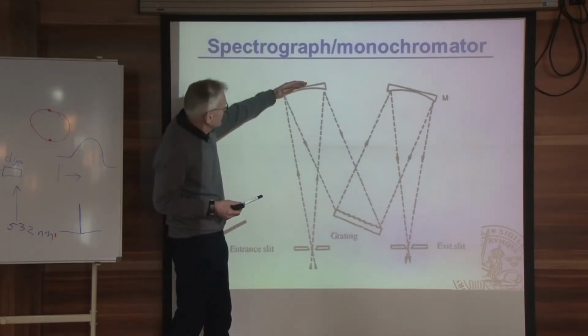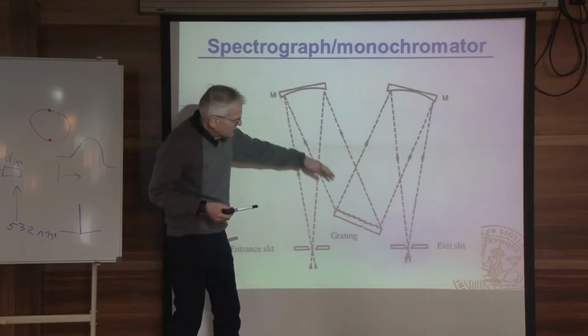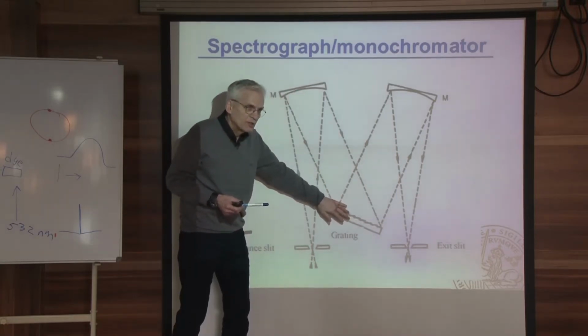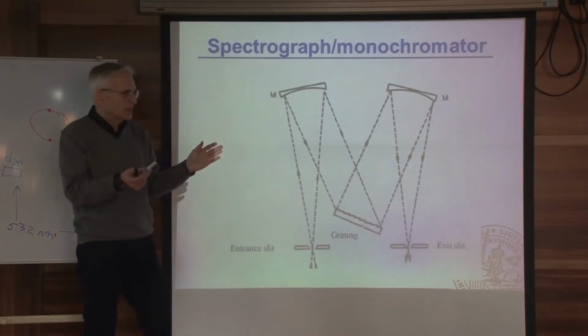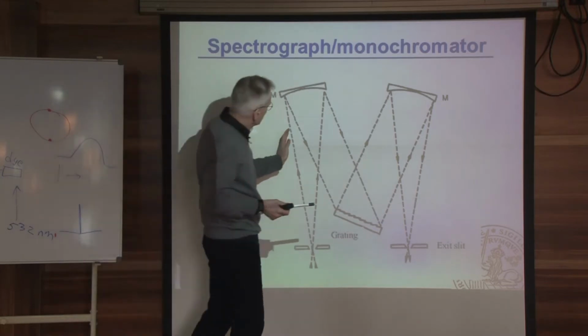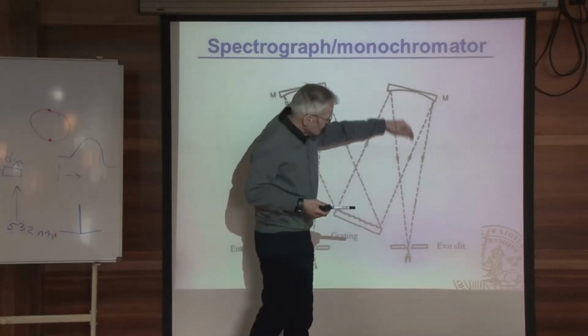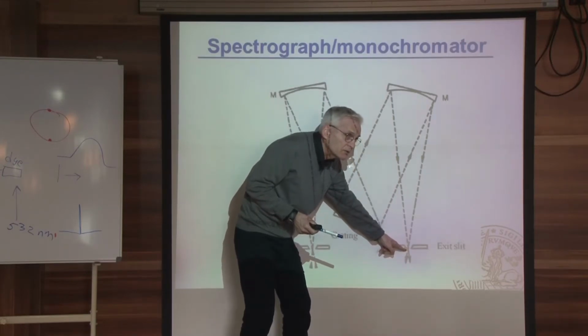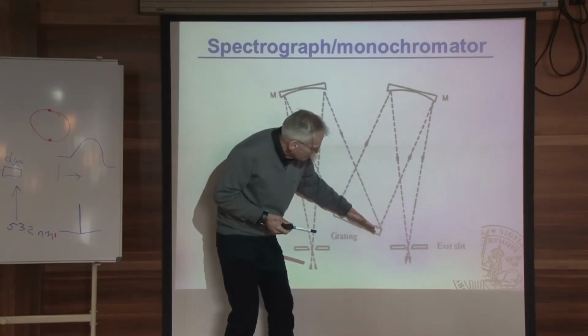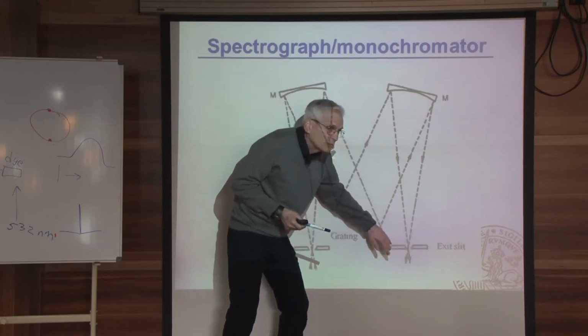Then it goes into a spherical mirror and it hits this, you remember the grating, this device which divides the colors into different directions. And that means that the light goes like this, and then you get a certain wavelength coming out. And by changing the angle, you get another wavelength.